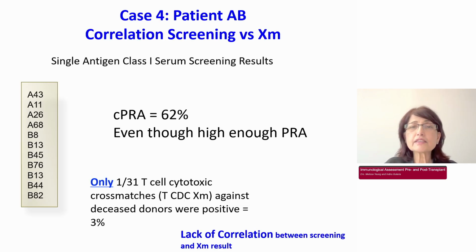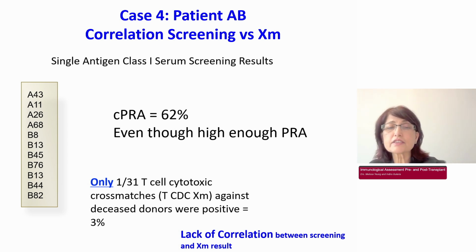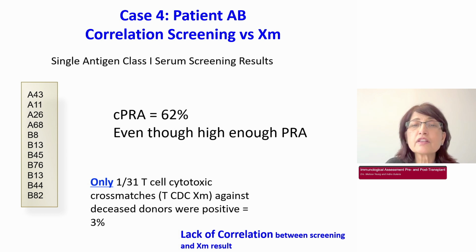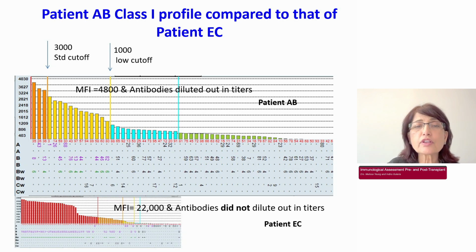Let's take another case. This patient had a CPRA of 62%. These are the antibodies. 62% is a high enough PRA. However, only 1 out of 31 T cell cytotoxic cross matches against these deceased donors was positive. Now, the question would be, what did we want to know? We wanted to know the profile.